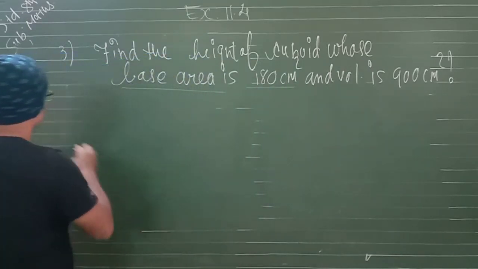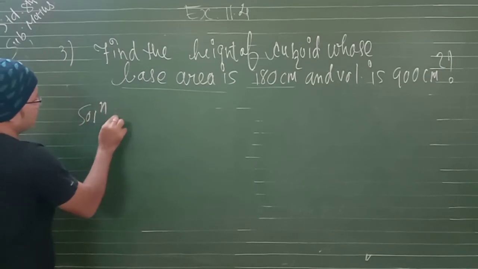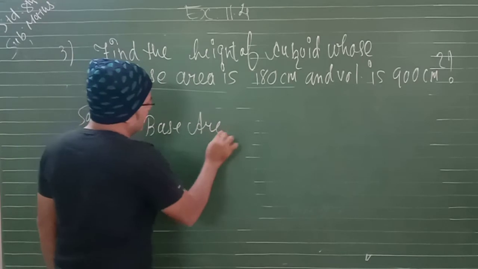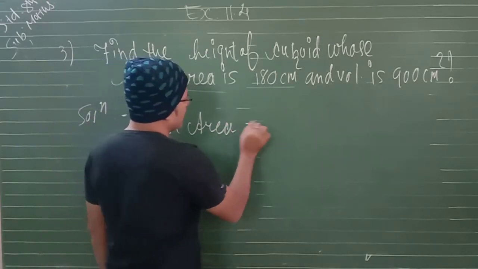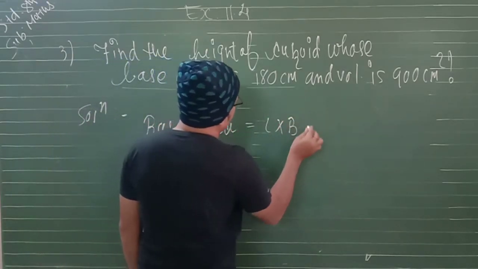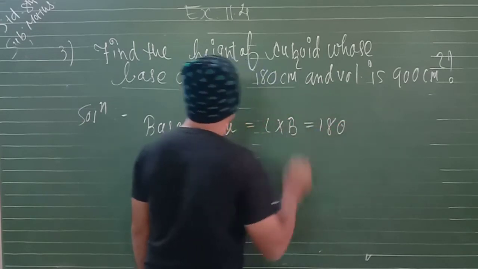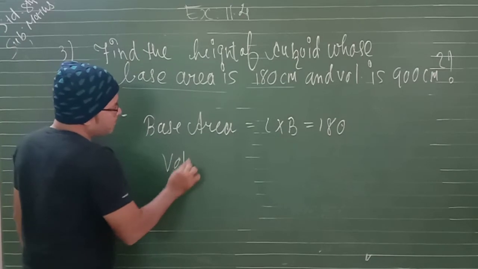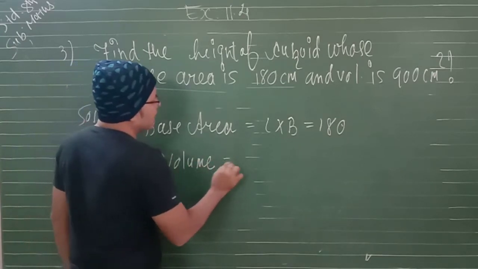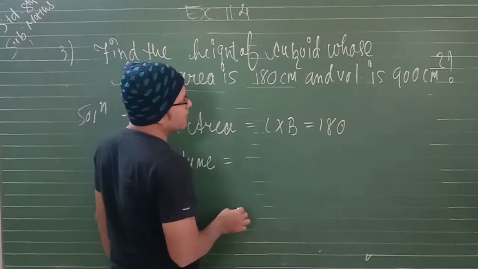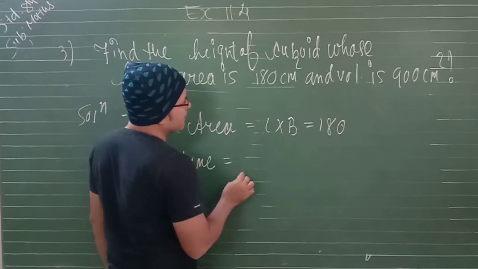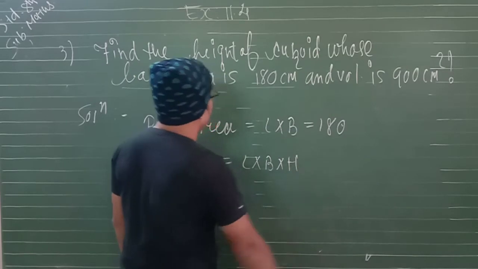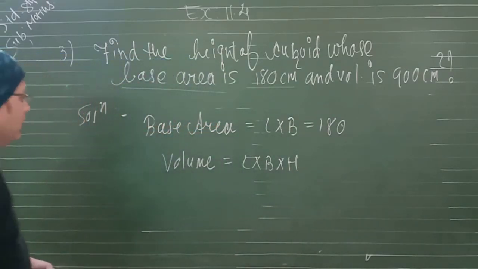So in solution we'll write base area is equal to L into B is equal to 180. Now volume is given 900 centimeter cube. So volume is equal to L into B into H, because volume of cuboid.